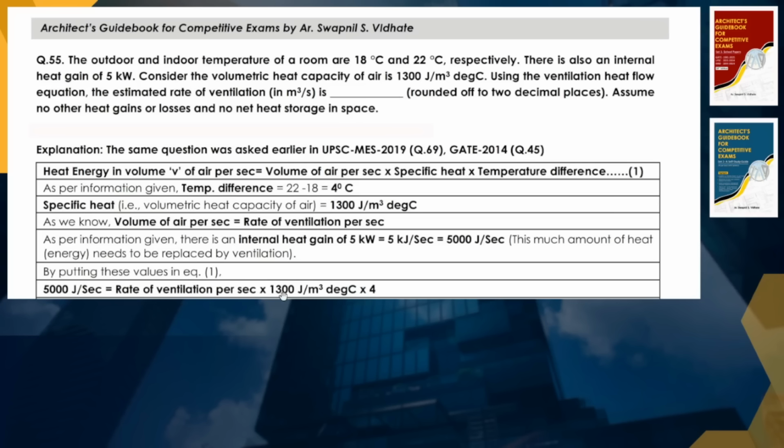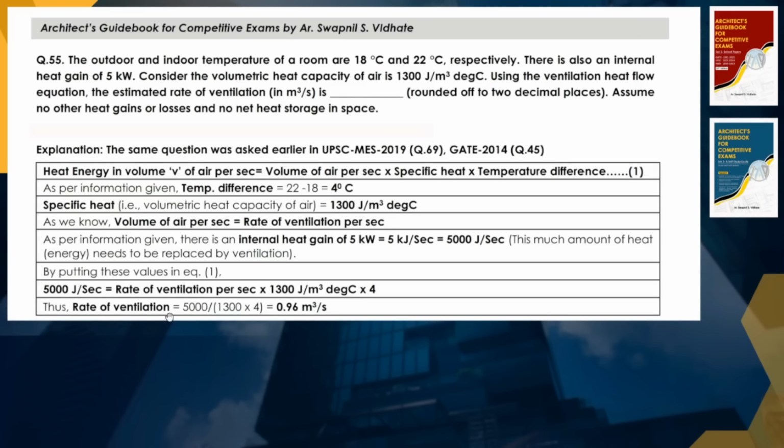The specific heat is already provided, which is 1300 joule per meter cube. The temperature difference we have calculated is 4 degrees Celsius. By solving this equation, you will get that the rate of ventilation will be 0.96 meter cube per second, right? So this is the final answer expected here. Because they are asking rounded off to two decimal places, the answer will be 0.96.